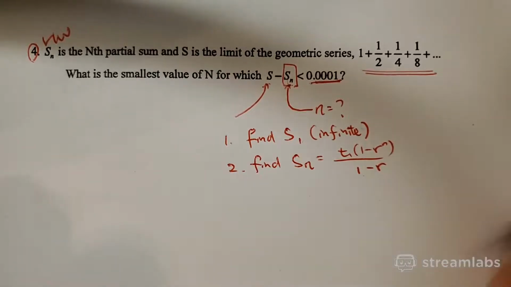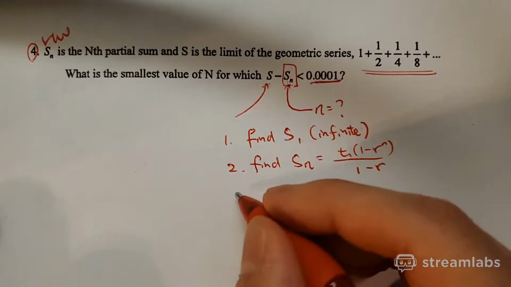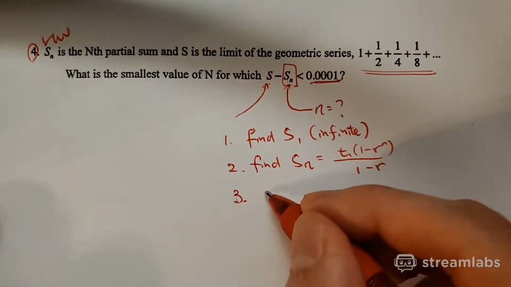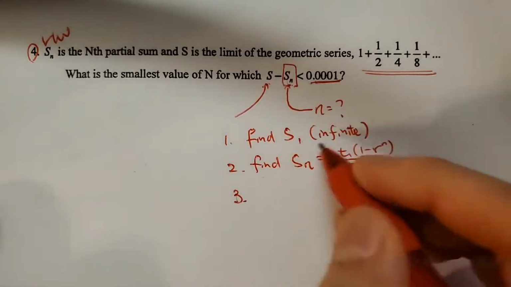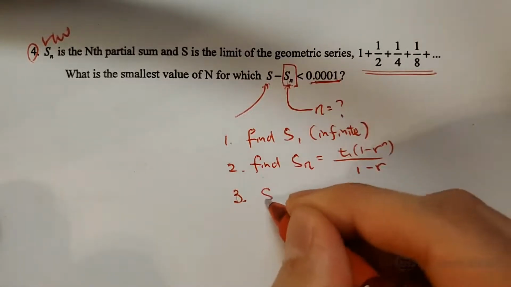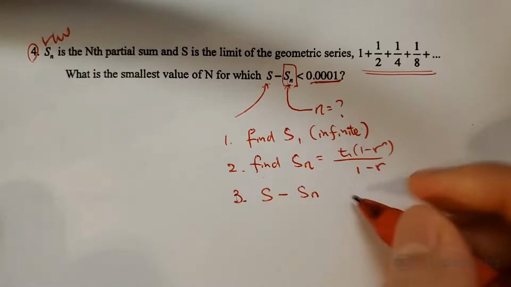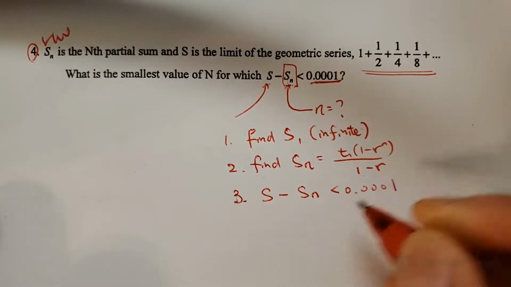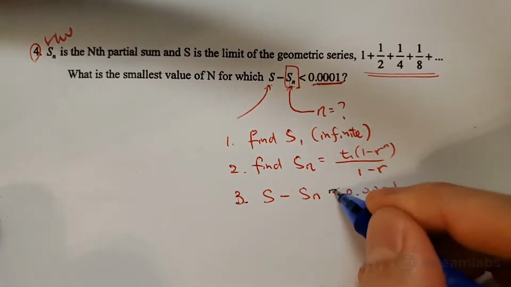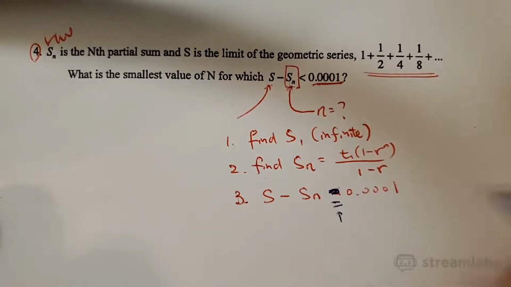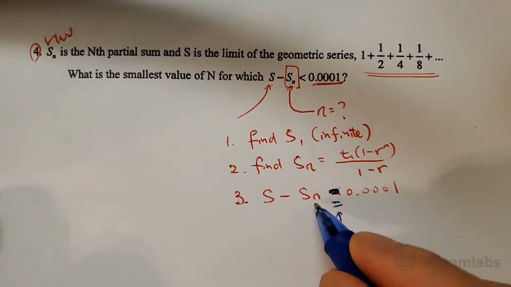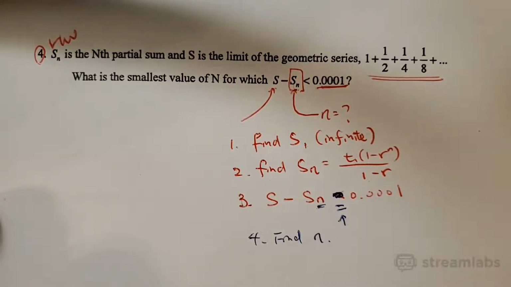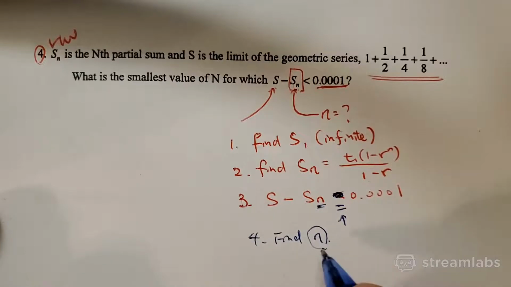Then plug it in, substitute, right? So S minus Sn, set this up. Set it equal first. That way you can find the n value, okay? Find n. Once you find n, that means this is when it's equal.